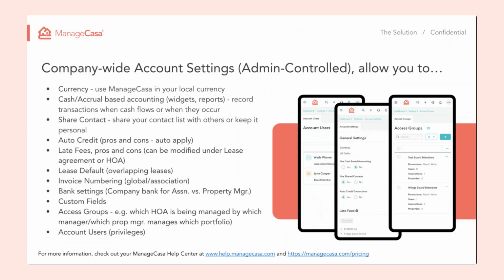For example, you manage multiple associations or buildings in ManageCasa, but want to limit users to see only information for their respective association or building. And last on our list is to assign account users or user privileges and control what features they can access based on their assigned roles.